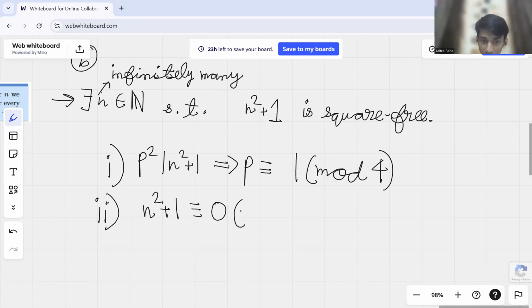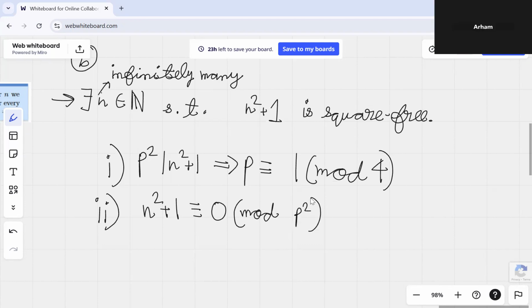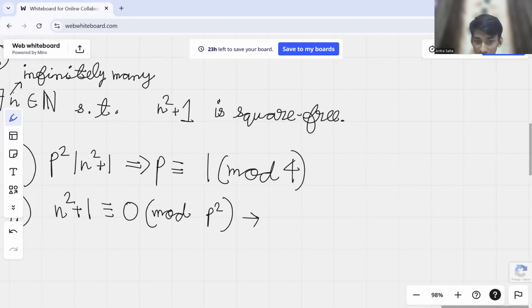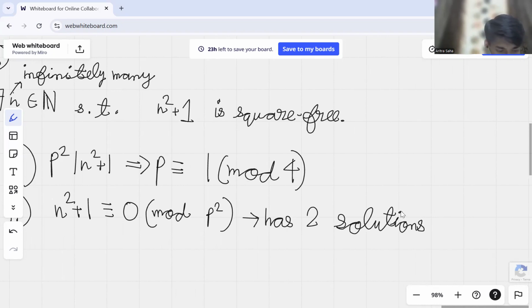So n squared plus 1 being 0 mod p squared has only two solutions. p being 1 mod 4 means p is greater than or equal to 5. It can't be 2.